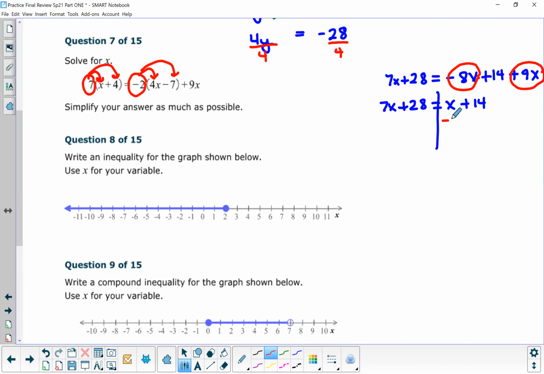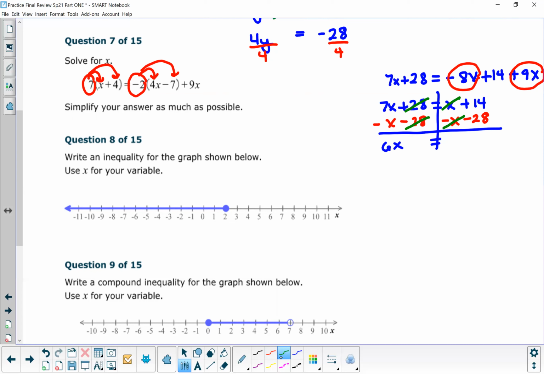Let's subtract x on each side. And why don't we go ahead and subtract 28 on each side? We'll do this all in one step. So 7x minus x, that's 6x. 28 minus 28 is eliminated. -x minus x is eliminated.